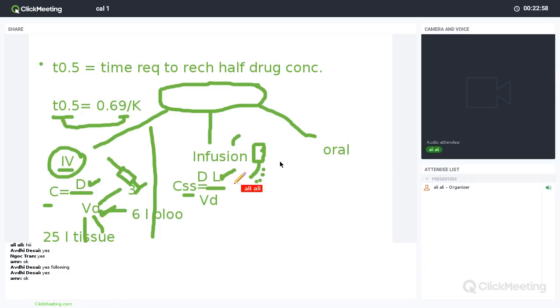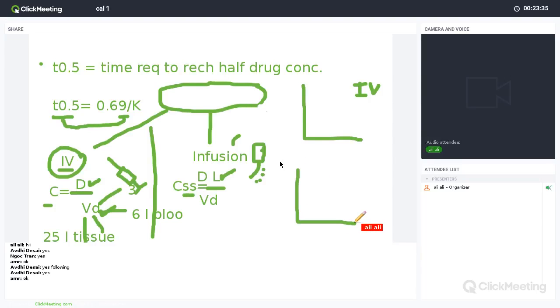So we will leave the oral for a second. Now we will go for the curve of the intravenous infusion, then the curve for the intravenous injection. First one is for the IV bolus, then the second one is for the intravenous infusion.